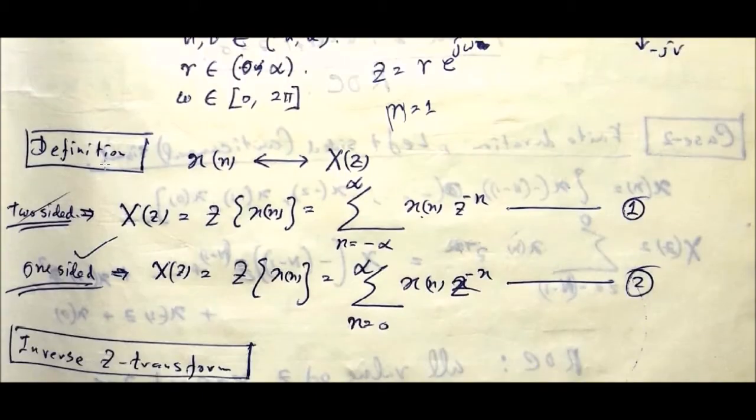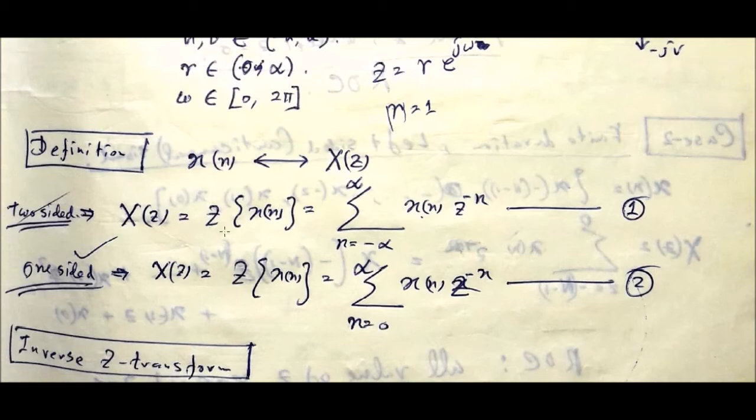Now, the definition of the z transformation. x[n], which is the time domain discrete-time signal, can be transformed to capital X(z), that is the z domain signal. The two-sided z transform, which is the generalized z transform, transforms x[n] into the z domain.